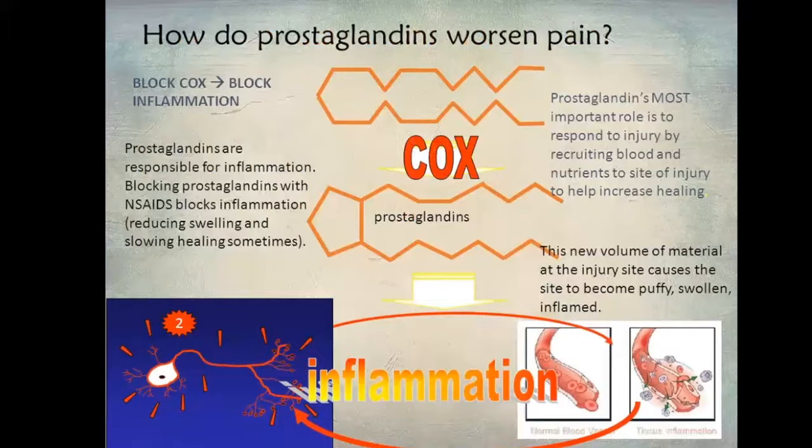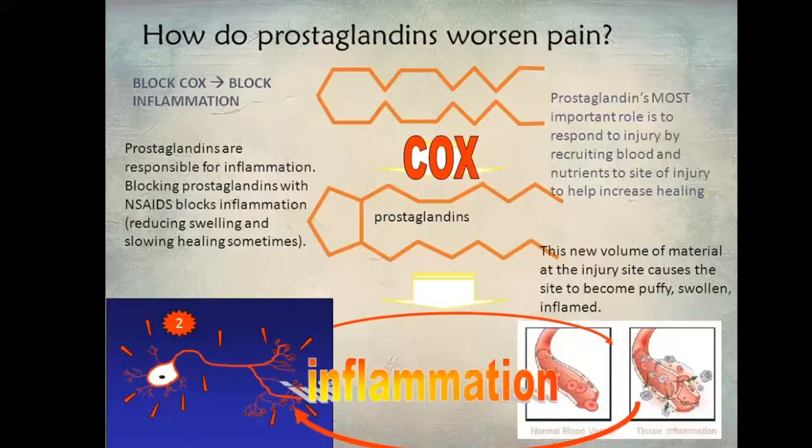So this slide here shows us that when we have an injury, our body gets busy and produces prostaglandins, and these cause blood and nutrients to rush to the site, and their whole point of doing that is to promote healing, and that's what we want, but it does cause pain in that interim. And there are certain enzymes that are responsible for making the prostaglandins, and these are called COX-2 enzymes.